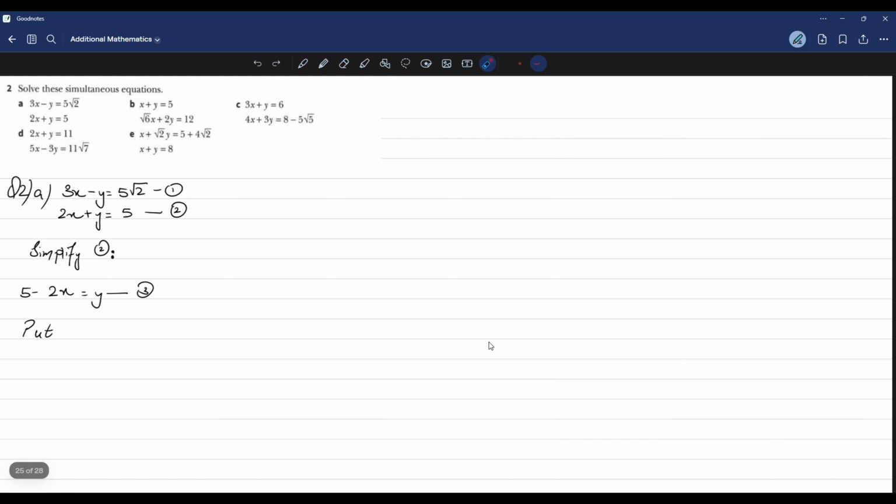Technically that doesn't give us the right answer. It does not give us the value of x or the value of y. It just proves that this equation is correct or not. So we use the other equation, and that's why it's here. So we put equation number 3 into equation number 1.